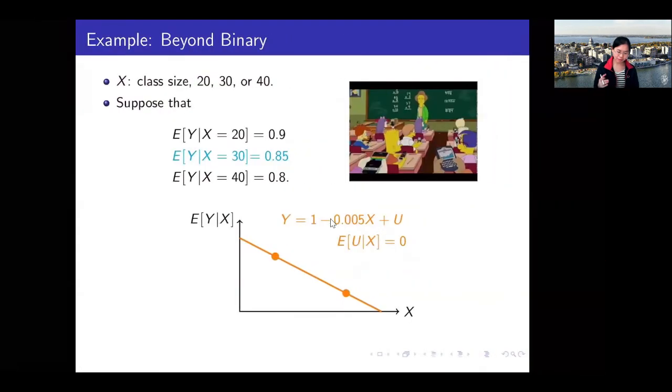Now suppose you have 3 values for x instead of 2. Let's say you add a class size that is 30, and let's say E[Y given x equals 30] is 0.85.